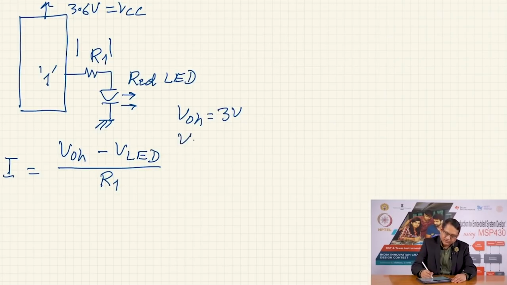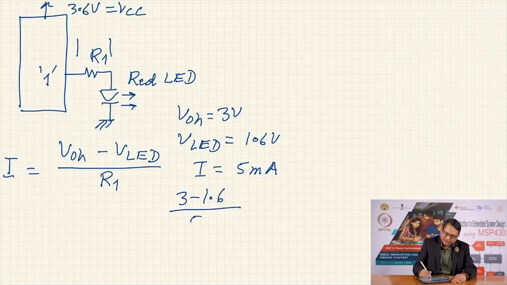Let us also assume that VLED for a red LED is 1.6 volts, and we want the current to be 5 milliamperes. Therefore R1 equals (3 minus 1.6) divided by 5 times 10 to the power minus 3 amperes.